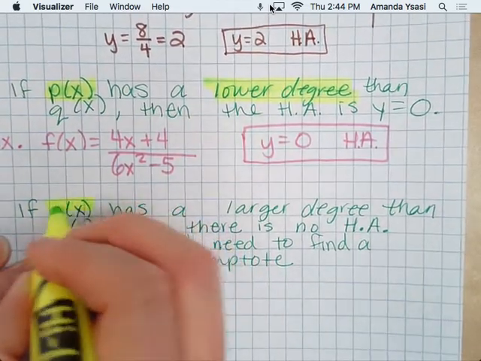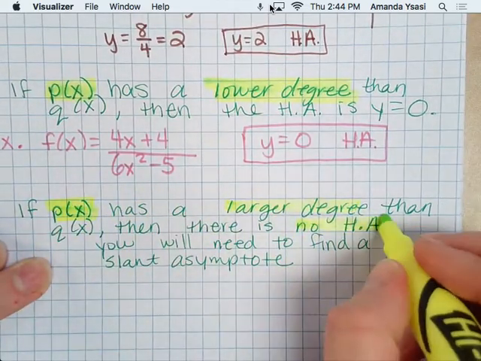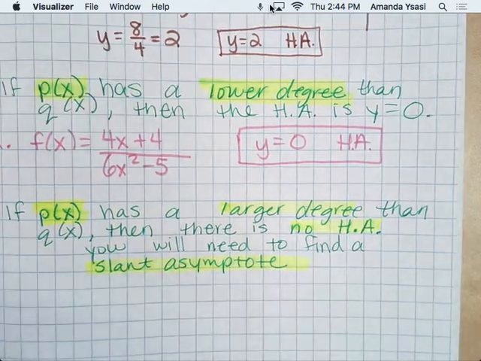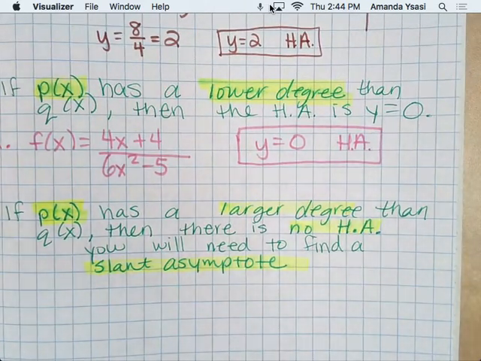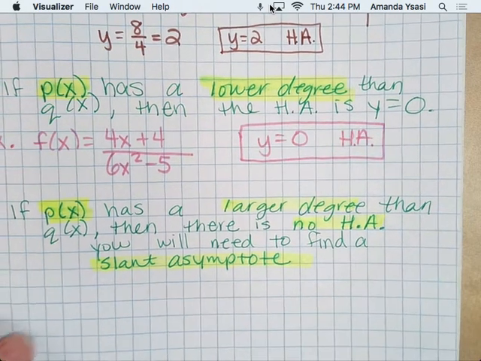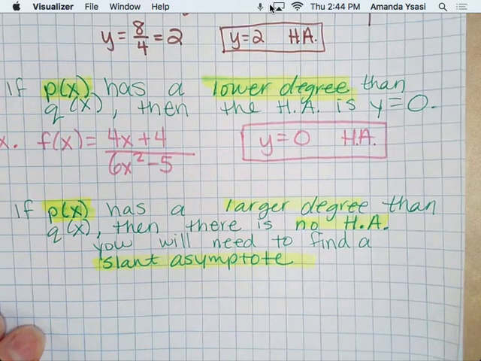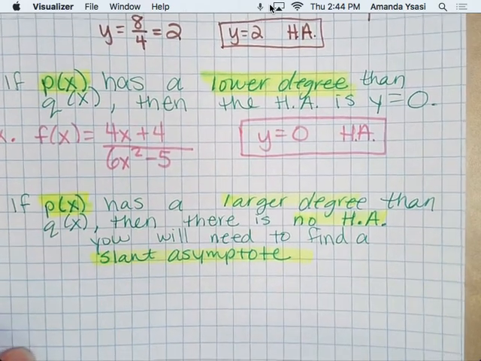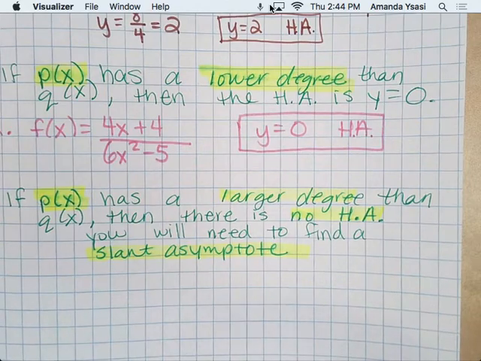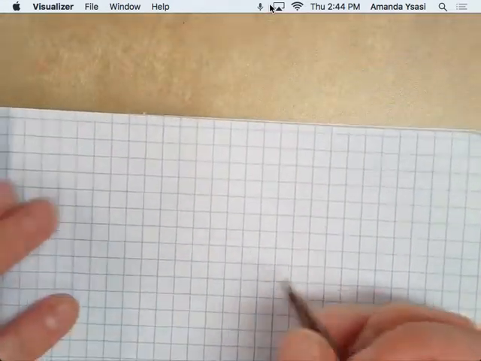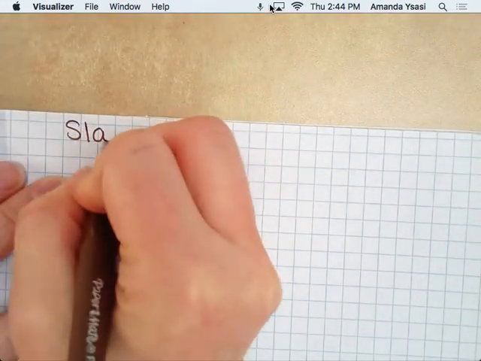So P of X is larger, no HA, but there will be a slant asymptote. So let's talk about what a slant asymptote is.